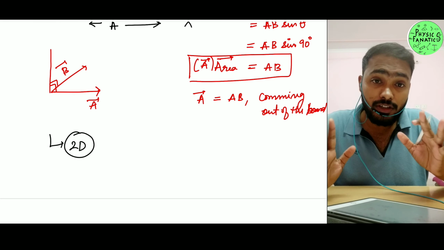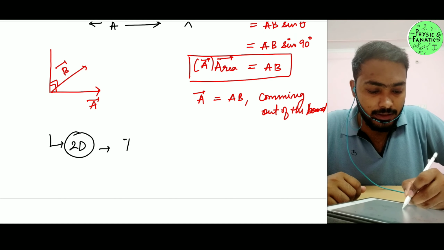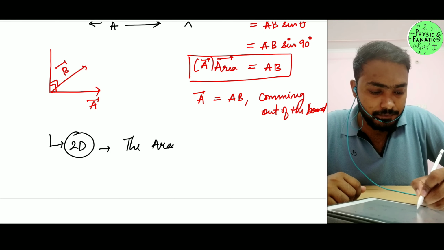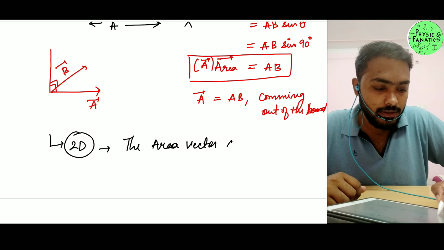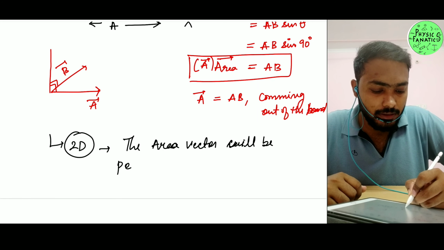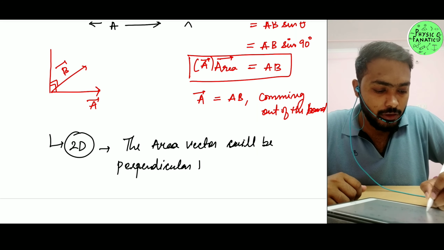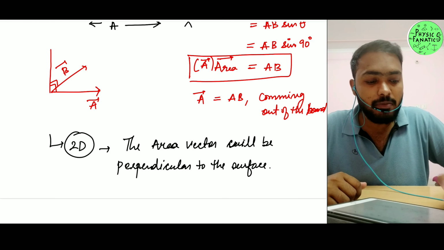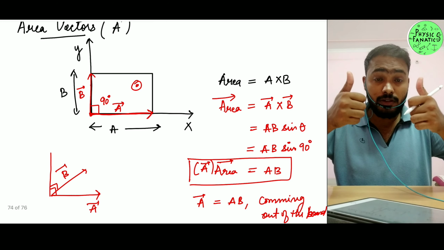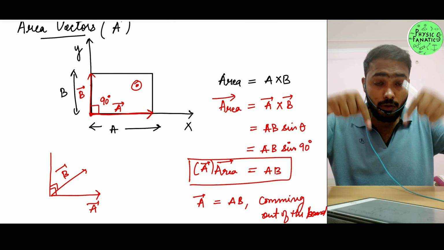So whenever we talk about a 2D figure, the area vector will be perpendicular to the surface. So it can be perpendicular, it can come outward, or it can go inside also.